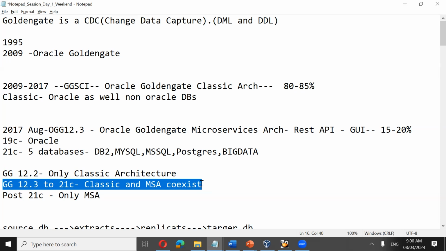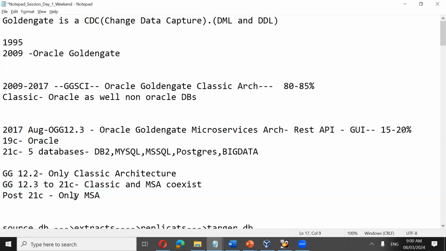But from 23 AI onwards, post 21C, only microservices architecture is there. So classic architecture will no longer be there post 21C. Even though it is still the most widely used product, 21C is the last version where classic architecture is available.